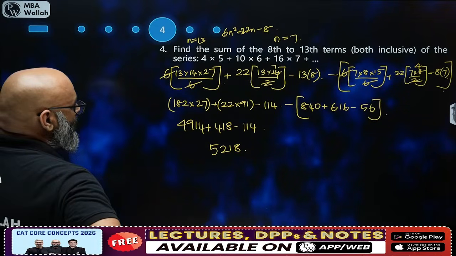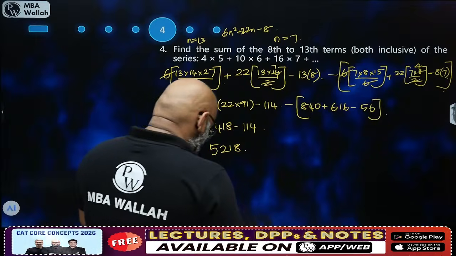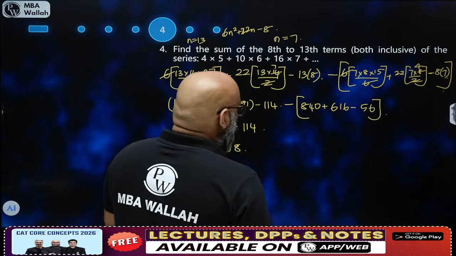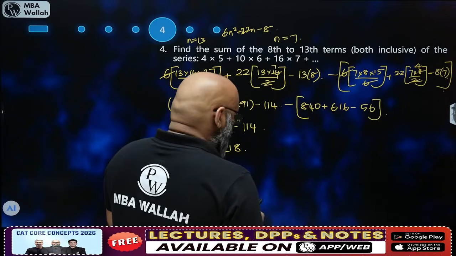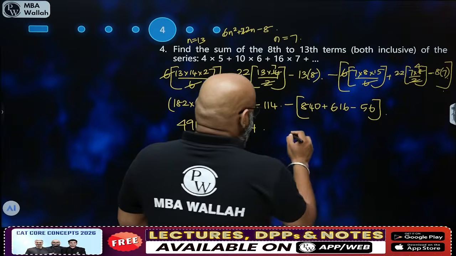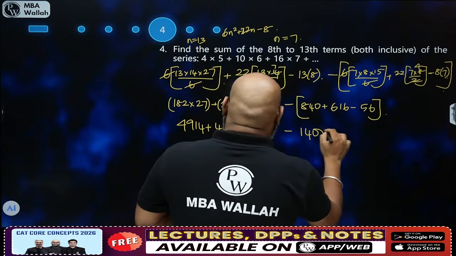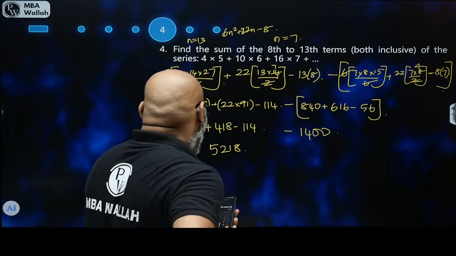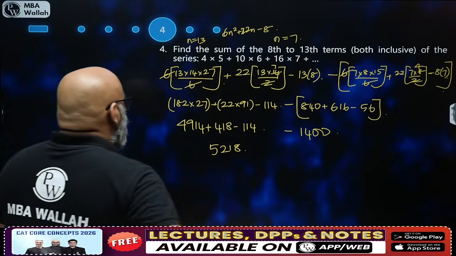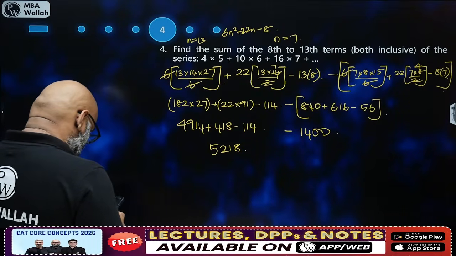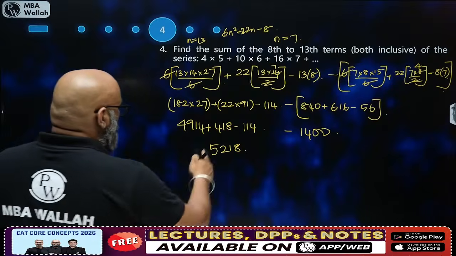Here this will be 840 plus 616 minus 56. This is minus 1400. 22 into 91. Oh, this is 2002.